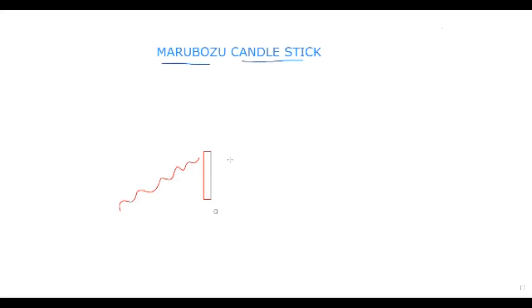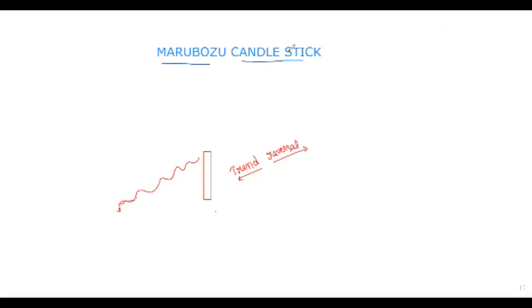If the stock is in an uptrend and a bearish Marubozu is formed, then it indicates a trend reversal. Not always, but most of the times. You have to be clear about that. If the trend is bullish and a bearish Marubozu is formed in the trend, you can consider it a trend reversal. Not all the times, but most of the times.